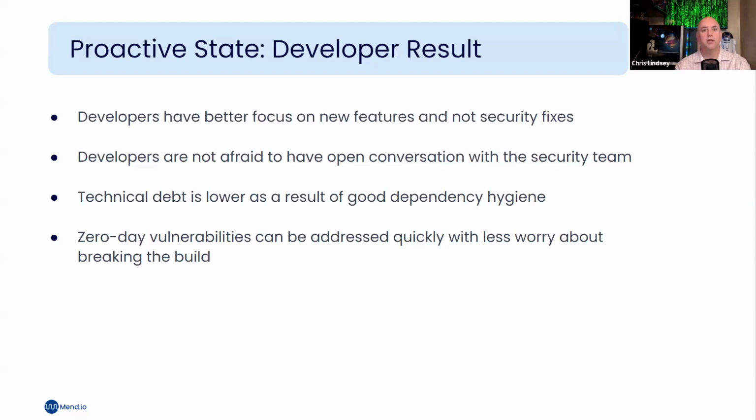When you've stayed current with the dependencies, even when you have a breaking change, it's minimal. But if you're going from version 1 to version 7 and you have a lot of breaking changes, then the development team may ask, do I want to keep with the same dependency? Is it more effort to keep it or switch to something else? So it really helps you when you're doing a proactive state.